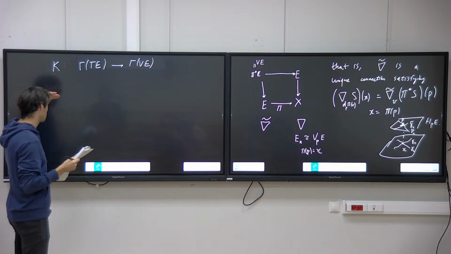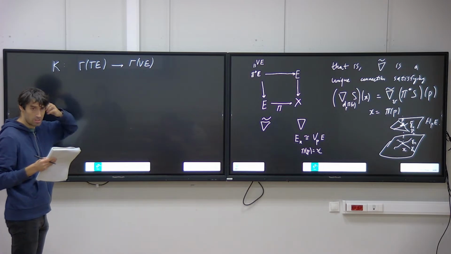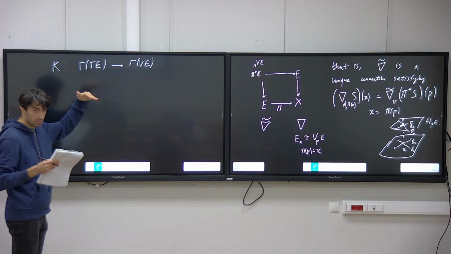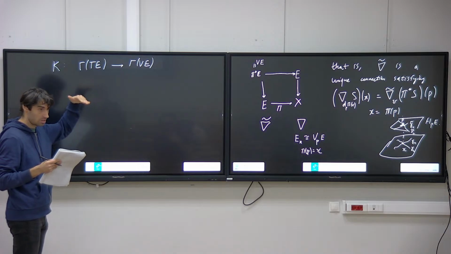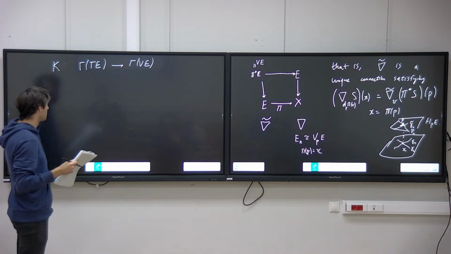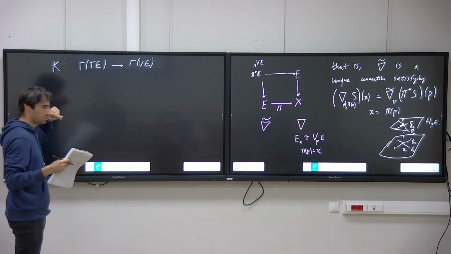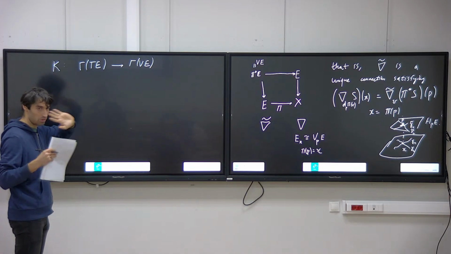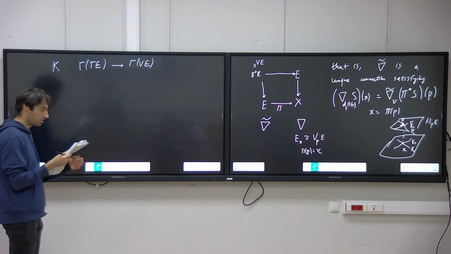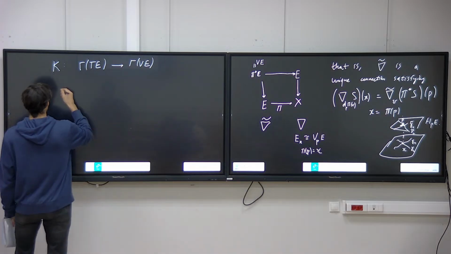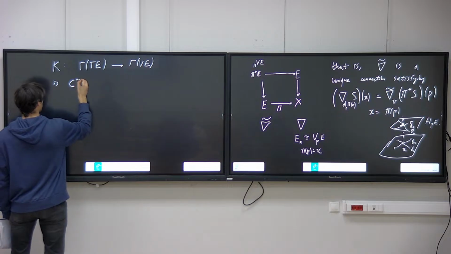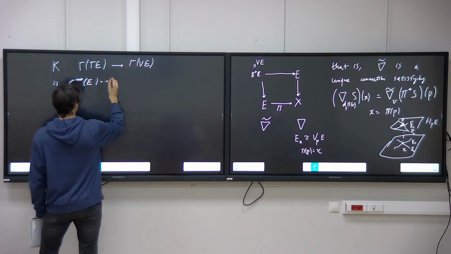It is just a projection, right? And since it's a projection, it's C infinity E linear. This is an easy statement that it's C infinity E linear. It just follows from its definition.